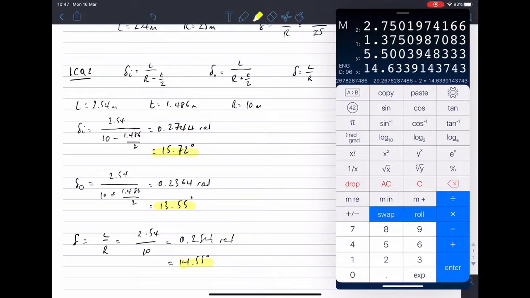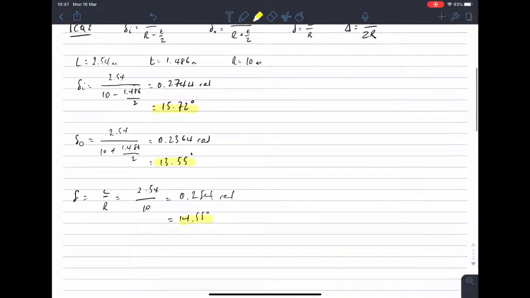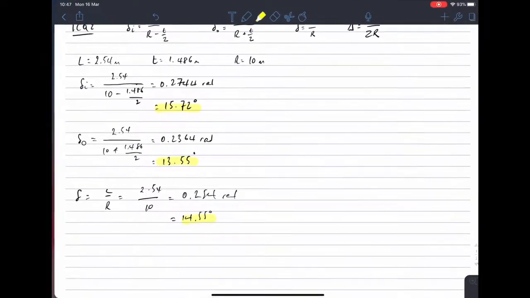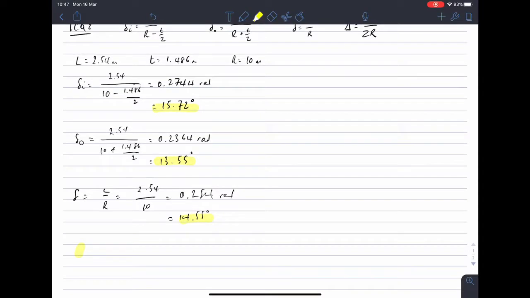Okay, anyway. And then the off tracking, okay. Off tracking was delta, which is L squared upon 2R. And so we've got 2.54 squared divided by 2 times 10.